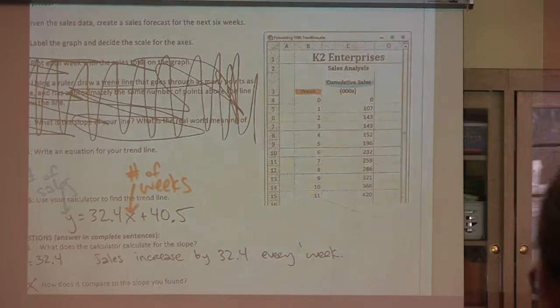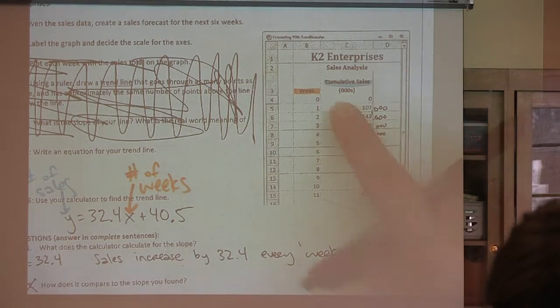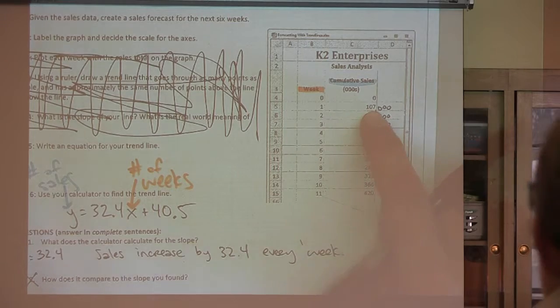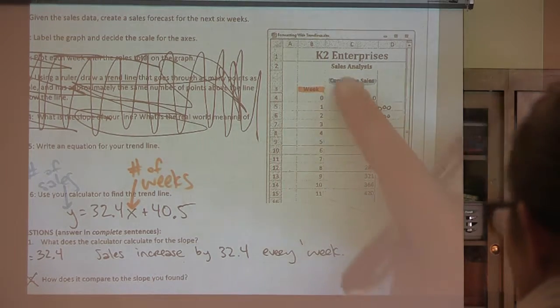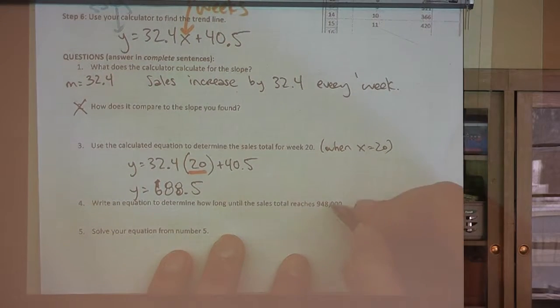If you guys didn't notice this, these sales are all in thousands. So when it's talking about for whatever this K2 enterprise is, this is 107,000. So really, for our purposes, I'm just going to be plugging in 948.